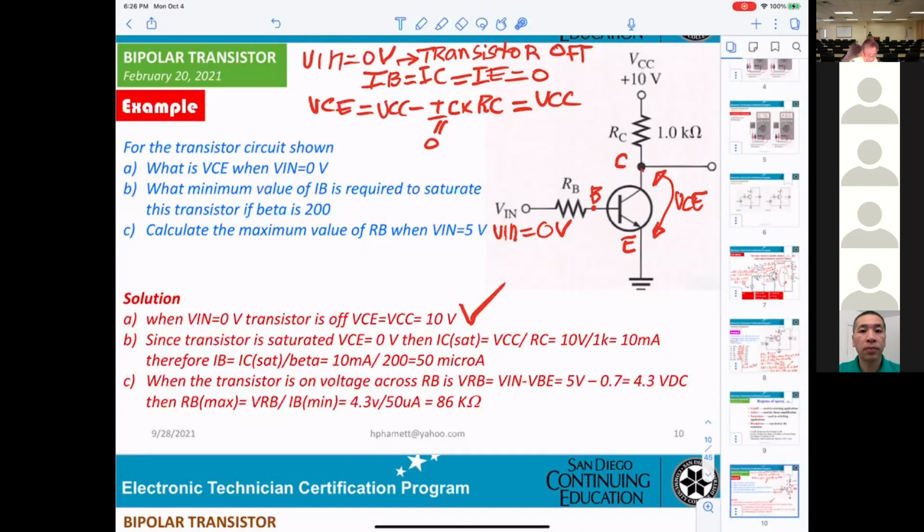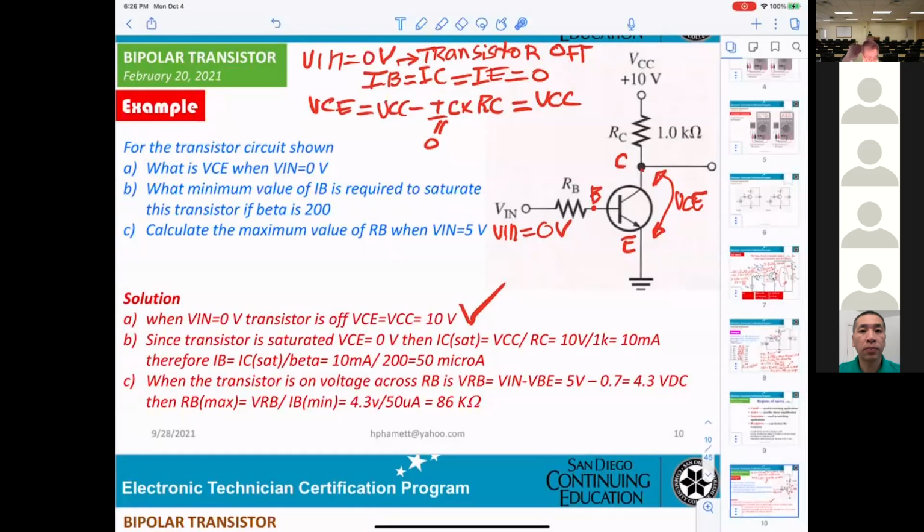And after you get the IC saturation, now you can calculate the IB saturation. IB equals IC divided by beta. IC saturation 10 milliamp divided by beta 200 gives you 50 microamp. Okay, that's the minimum.